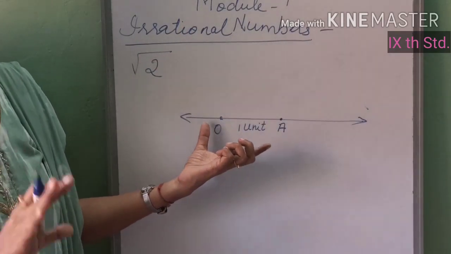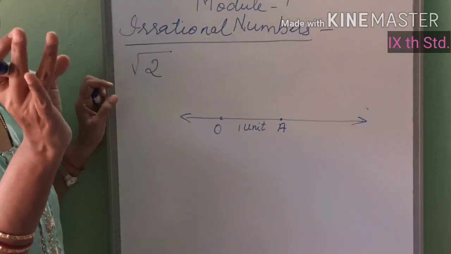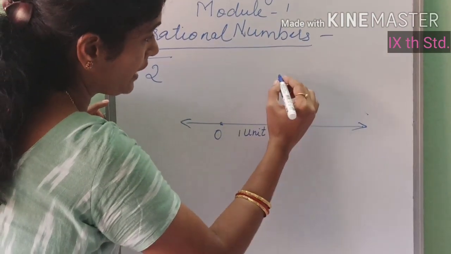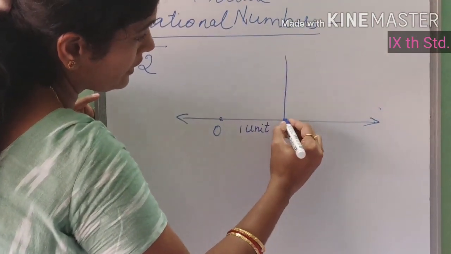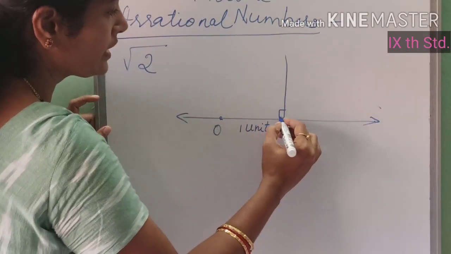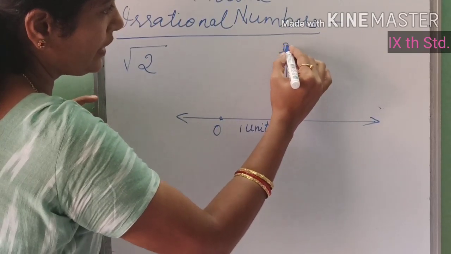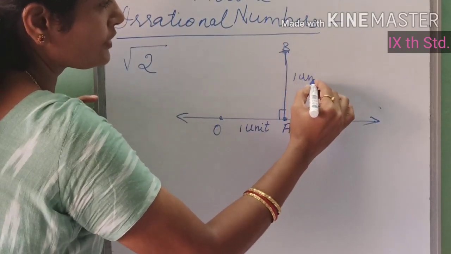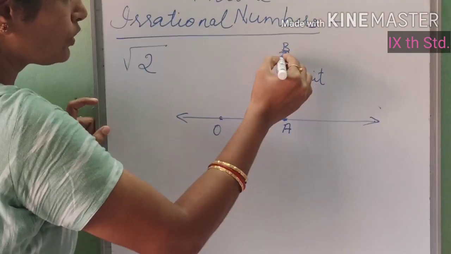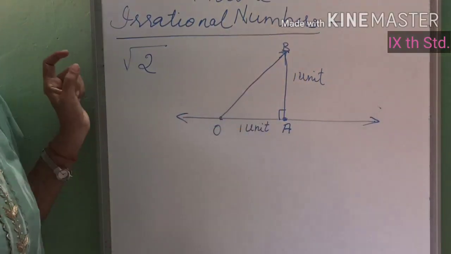It should be the same thing, 1 unit, okay? We are not saying 1 centimeter, 1 meter, 1 kilometer, nothing. It is 1 unit. Then, at this point A, draw a line perpendicular to OA. Okay? Then this is 90 degrees. Then mark on this perpendicular line another point B such that AB is also 1 unit. Then we will join O to B, and this is like this.